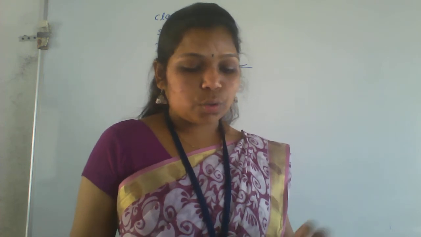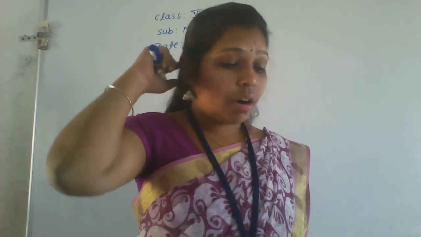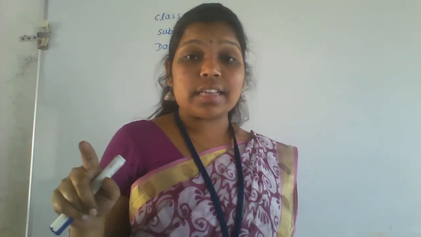See here, methods to find HCF. What are the methods they have given here? There are two methods given here. The first one is the method of prime factors, and the next one is the method of division, that is, the long division. You learned in 5th standard the prime factorization method as well as the long division method.